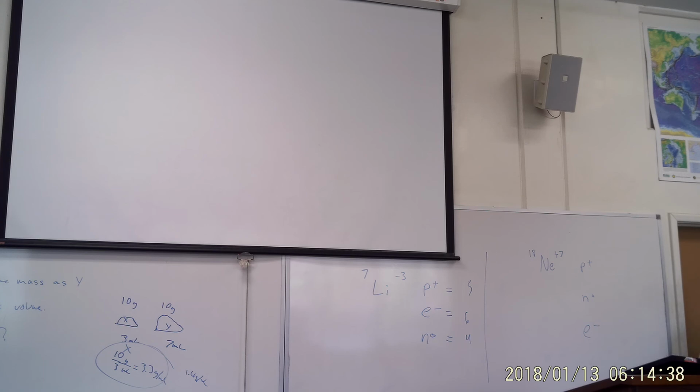How many protons? 10. Neutrons? 8. Electrons? 3. I changed it to a +7 right at the end. I don't know if you guys saw that, but. So what does that mean? More electrons or more protons? More protons. So how many electrons? 3. Okay, good. Looks like you got that one all right.